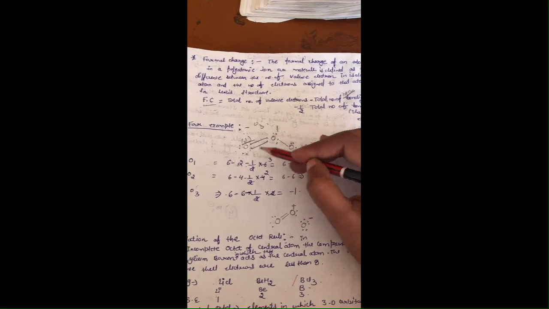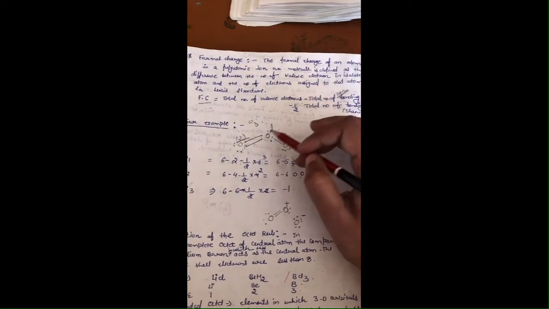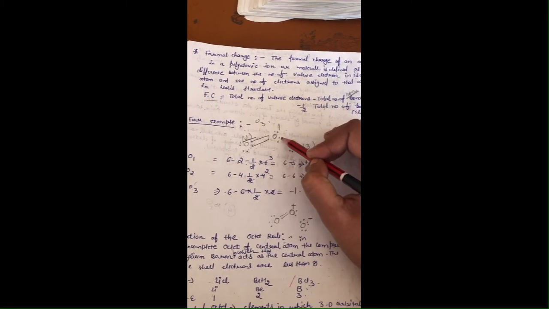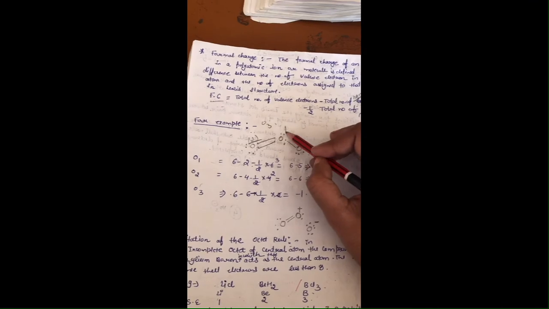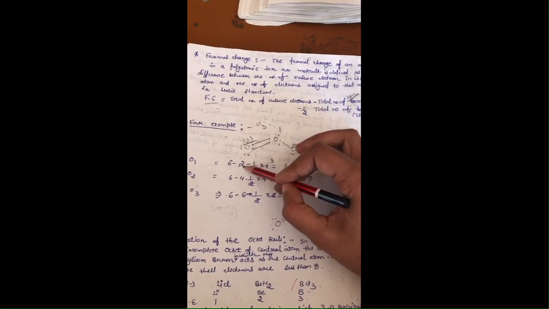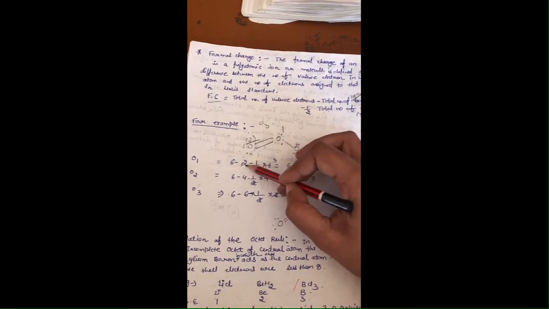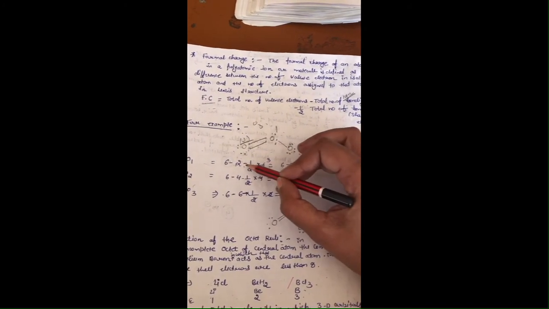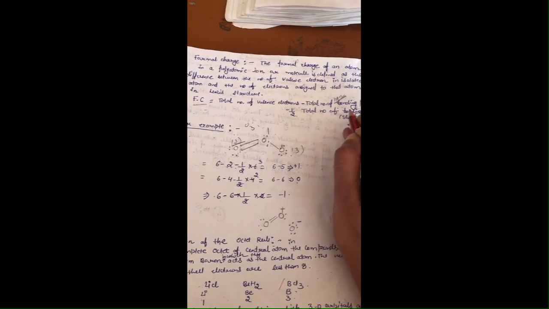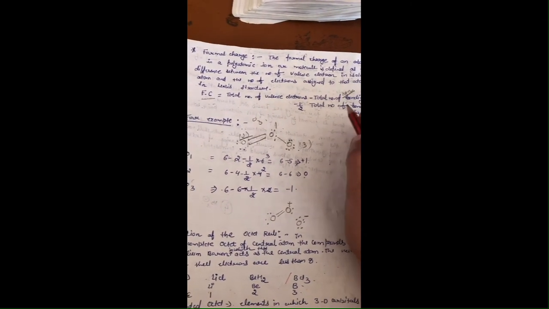So next, minus the total number of non-bonding electrons. Here you can see this lone pair is totally involved in bonding and this lone pair is also involved, and only one lone pair, meaning 2 electrons, is behaving as a non-bonding electron pair, clear, 2. And then minus 1 by 2 the total number of bonding electrons or shared electrons, you can say.